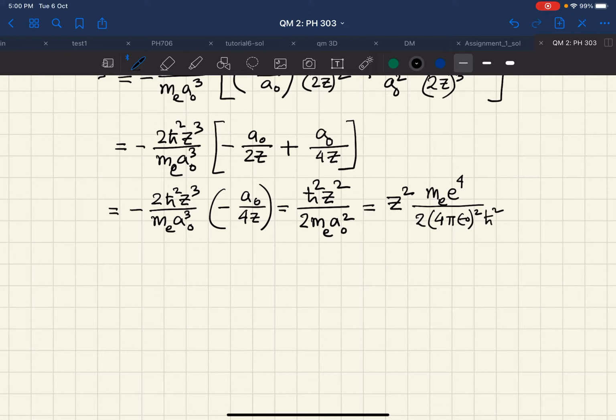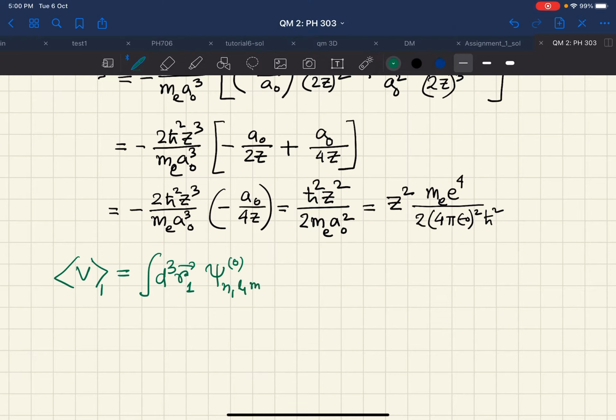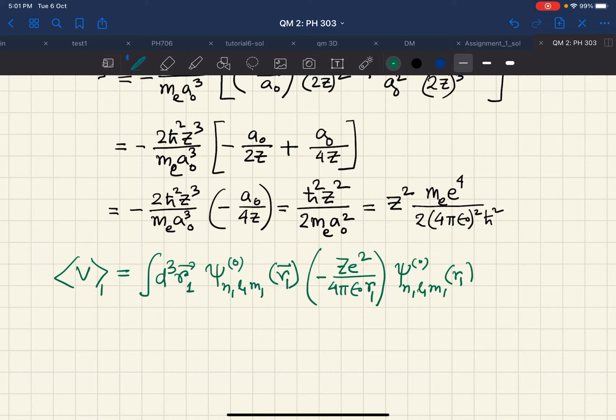What about the expectation value of the potential energy for the first electron? If we evaluate this, that means again we have to evaluate d3r1 psi 0 n1 l1 m1 of r1 and then minus Z e squared by 4 pi epsilon naught r1 into psi 0 n1 l1 m1 of r1.